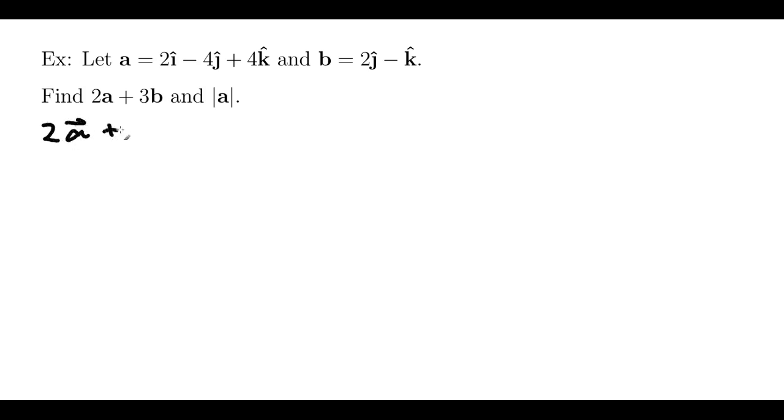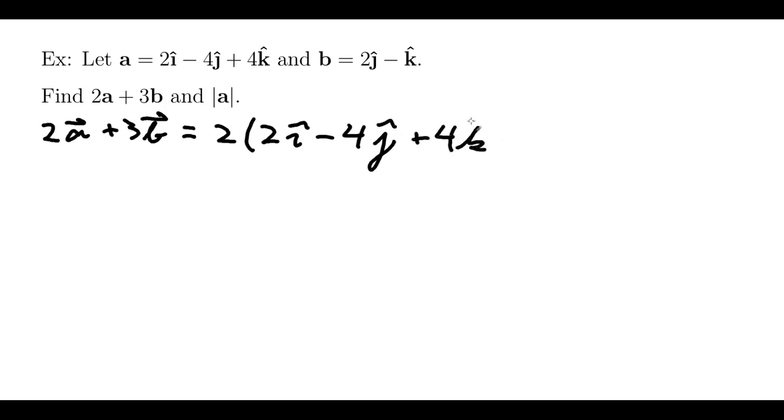We have 2A plus 3B. Let me first do this just algebraically. So we have 2 times the vector 2i minus 4j plus 4k plus 3 times B, and B is defined to be 2j minus k.